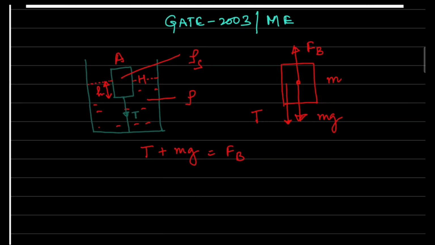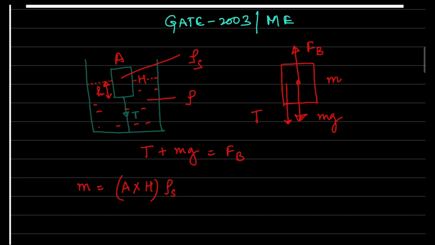So first of all the mass will be area multiplied by height, which gives you the volume, and then multiplied by the density of this body. Another thing is the buoyancy. So the buoyancy force will be equal to the weight of the water displaced by the body.